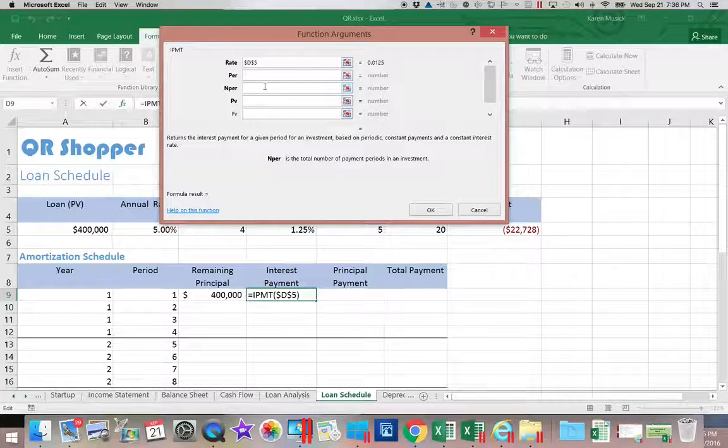I'm going to come over here into the number of periods, and I'm going to find that over here on F5. Again, this has to be absolute because it cannot move or it will switch to 0. And the present value is also going to be up here on row 5, and that also needs to be absolute.